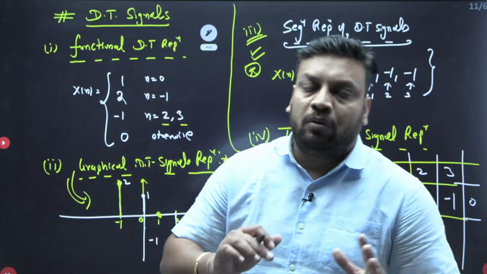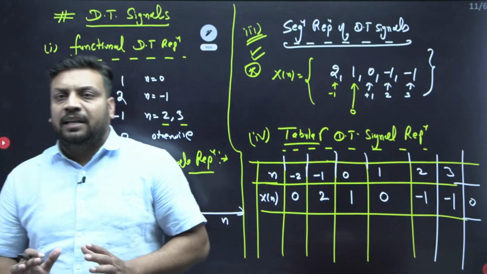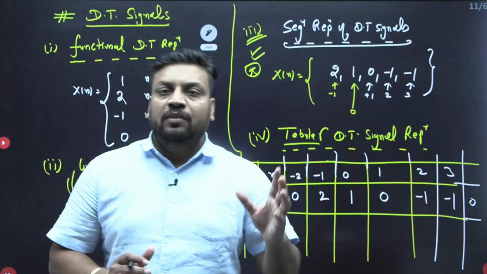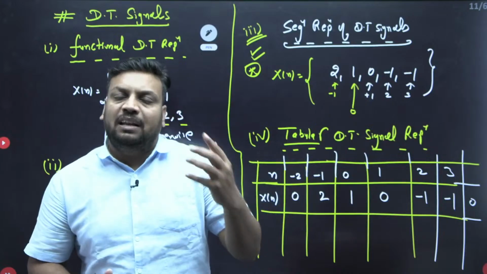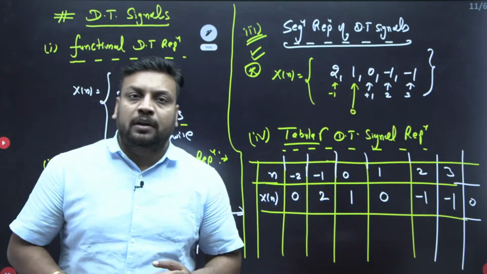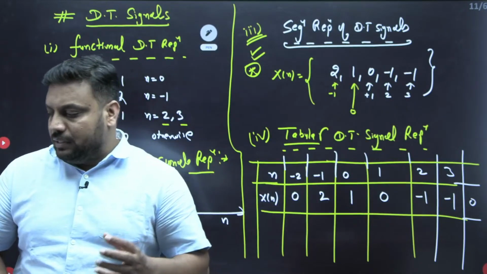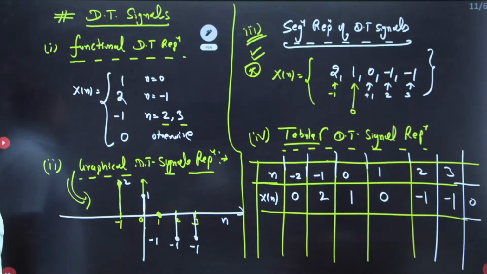Here we are going to discuss the discrete time operations, but the concept remains the same. The only change is that there we have x of t with respect to time, and here we have x of n with respect to n, and n is discretized in the time domain. That is why we have different samples at particular instants of time. So now let me start.